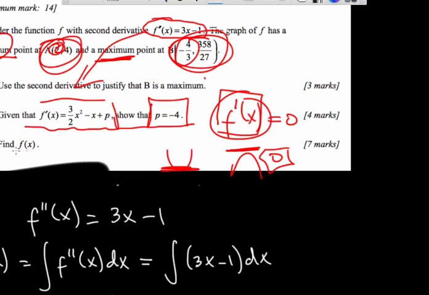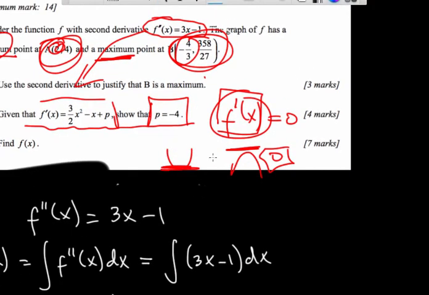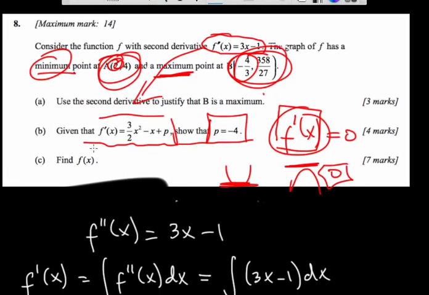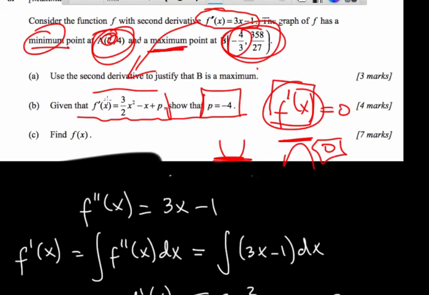Okay, so now the last part. What I would like you to pay attention to, especially with a view towards exam technique, is that in part C, they ask us to work out f of x, but in part B, they gave us a piece of information that's really valuable.